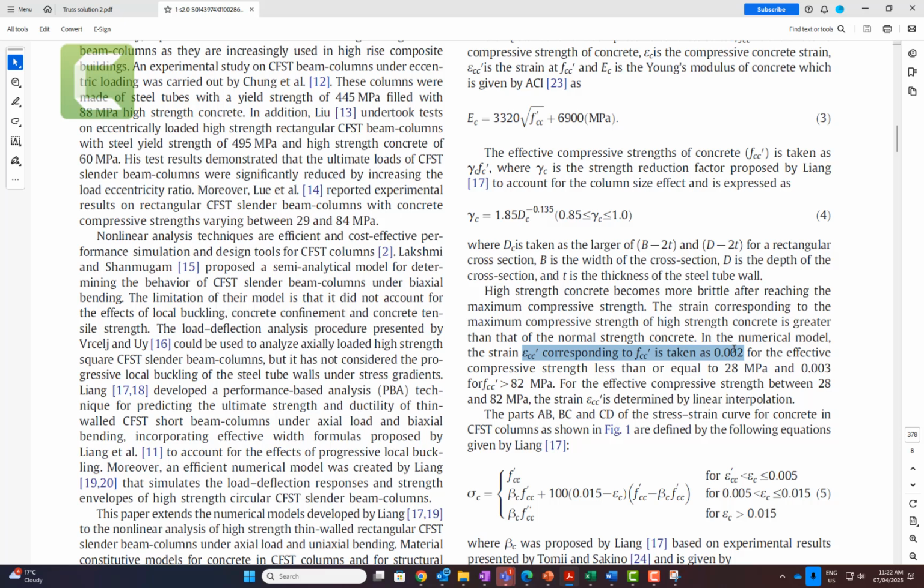ECC dash is 0.02 for FCC dash less than 28, 0.03 for these ones, and we need to do the interpolation.